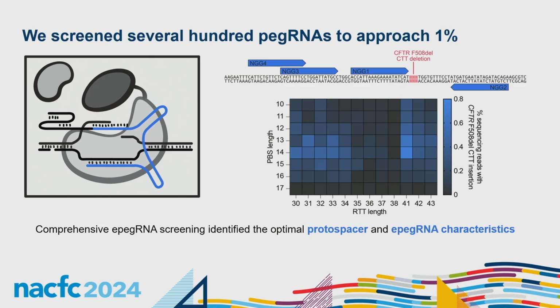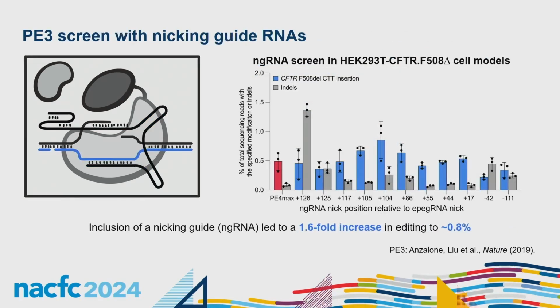Once we had pinned down the optimal pegRNA characteristics, which got us close to 1%, we performed a nicking guide screen. So we co-delivered a single guide RNA that nicks the opposite strand of DNA relative to the pegRNA and serves to bias DNA mismatch repair in favor of edit incorporation, because it's forming a nick in a nearby location to where we're forming the nick for the actual therapeutic edit.